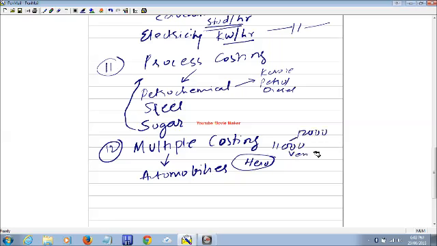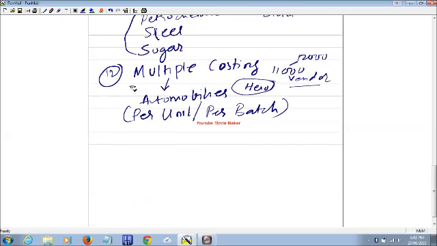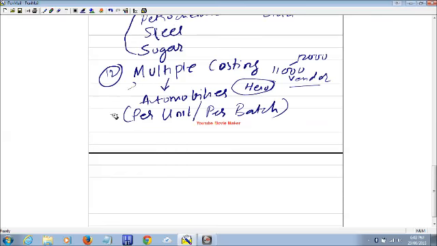This arises because, for example, if you purchase a Hero motorcycle, it has 11,000 to 12,000 different vendors who come and assemble the product, and according to this the costs are determined. It can be per unit, per batch.